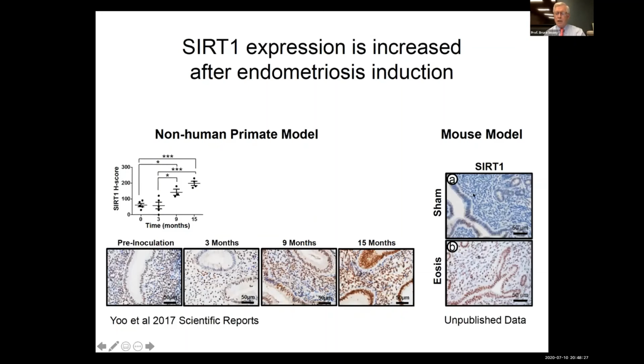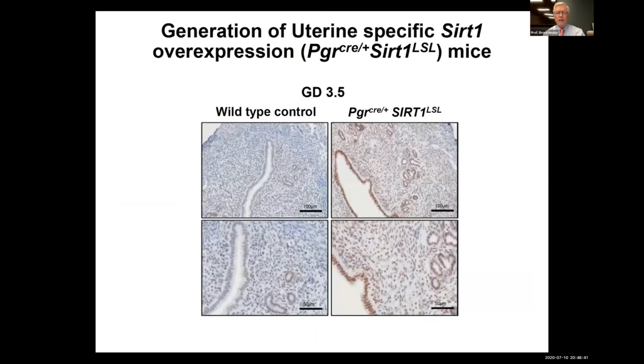Recently, in the mouse model, in collaboration with Jae-wook Jeong at MSU in Grand Rapids, he also showed that if you induce endometriosis, by the 3rd month, these mice are also making Sirt1 expression. You can see that more clearly here. We also can induce Sirt1 with a conditional knock-in mutant.